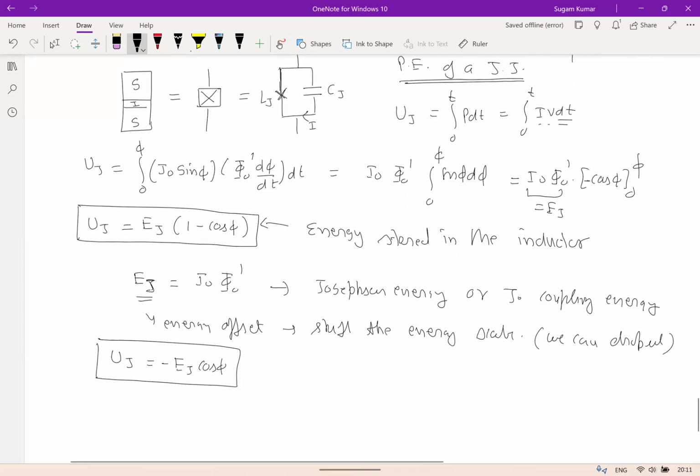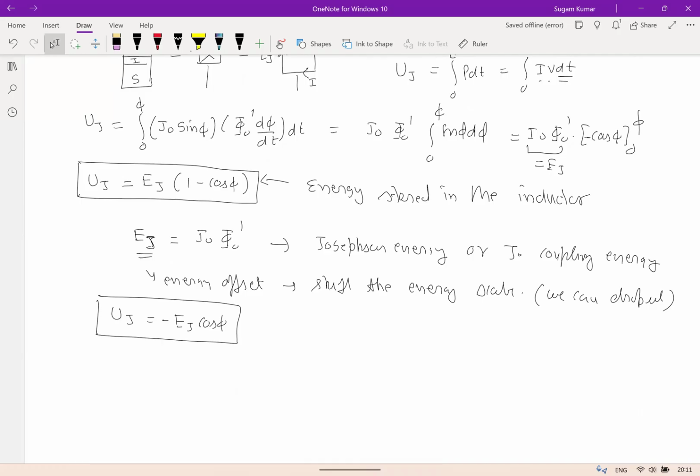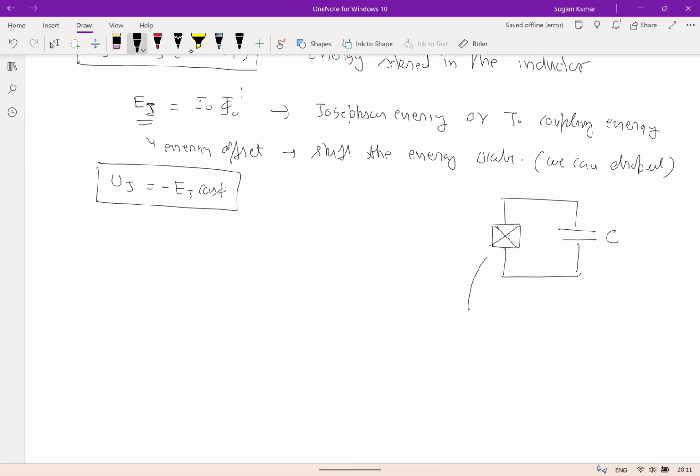And now imagine that you have one inductor coming through the Josephson junction, and then you apply a capacitor here. Let this be C, and look carefully, this is nothing but equal to one inductor and one Cj and Lj.